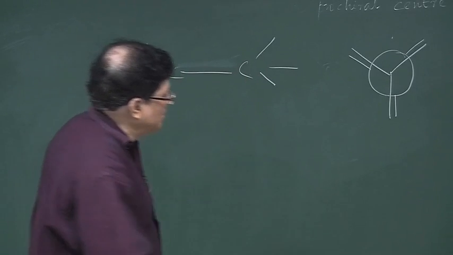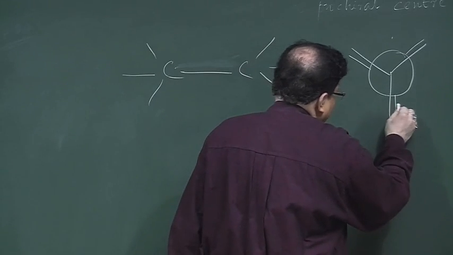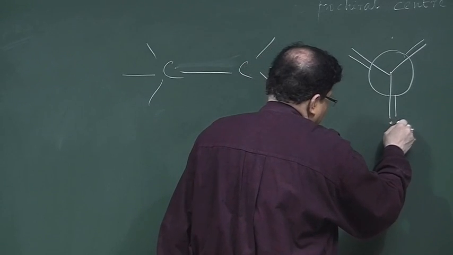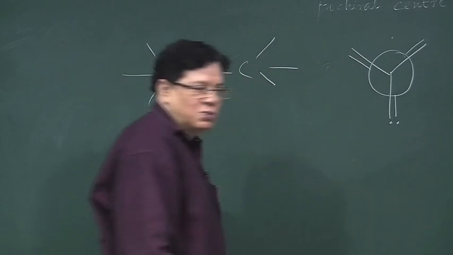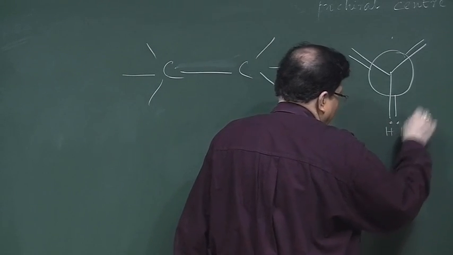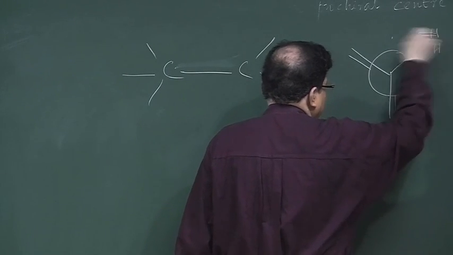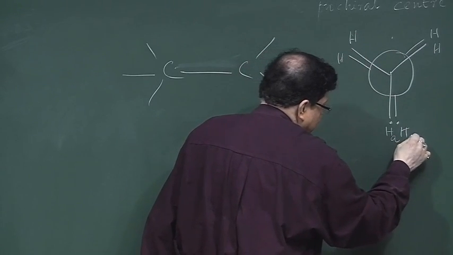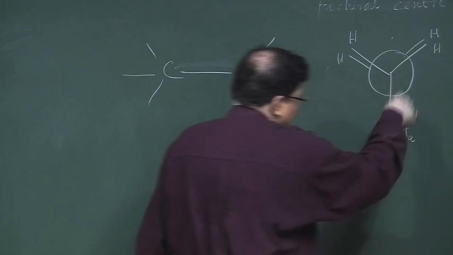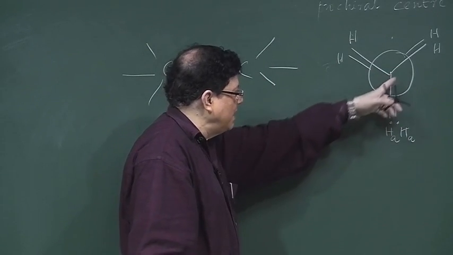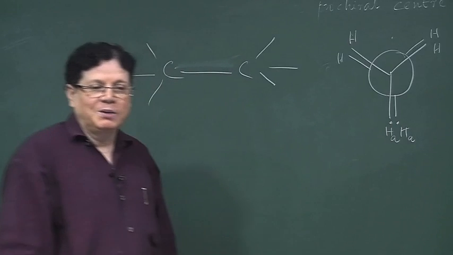That means the dihedral angle here is 0. If I just consider these two, suppose these are hydrogens, actually all are hydrogens in ethane, but we have to fix somehow, we call this HA and HA. So, we are talking about the dihedral angle between C1HA and C2HA.